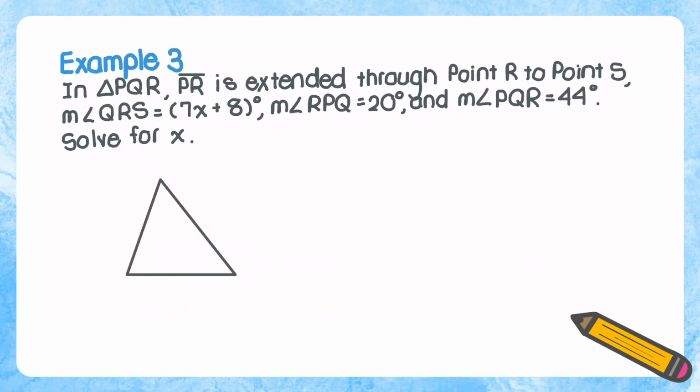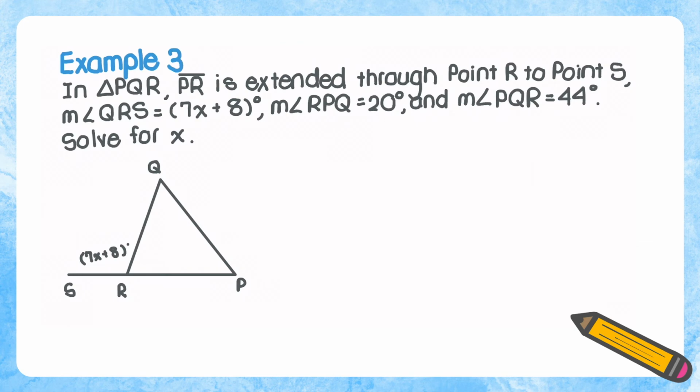So here's triangle PQR, and the side PR is extended to point S. And let's label the angles we do know. So I know that the measure of angle QRS is 7x plus 8 degrees, my exterior angle.